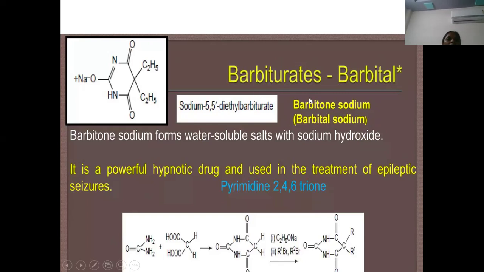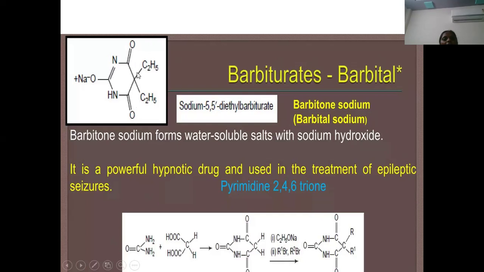Both are the same. This is the general structure of barbituric acid, which is barbital sodium. It is a 6-membered ring with 2 nitrogens at the 1 and 3 positions. At the second and fourth positions, we have C double bond O groups. The 6th position also has a C double bond O group.